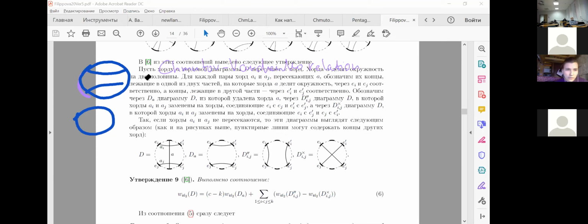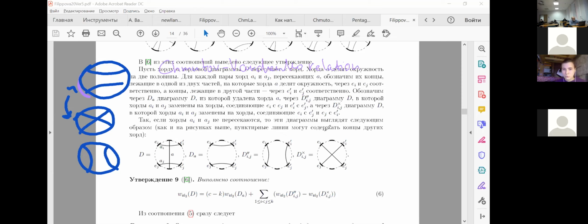We have a diagram with a chord arranged like this, and we have a diagram where we switch these chords like this. For example, if these chords do not intersect, we have these three diagrams.